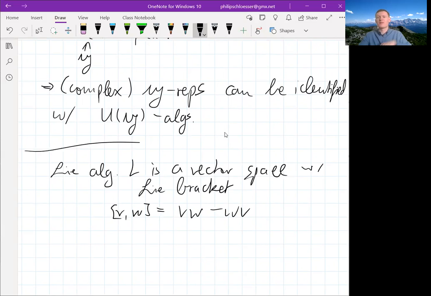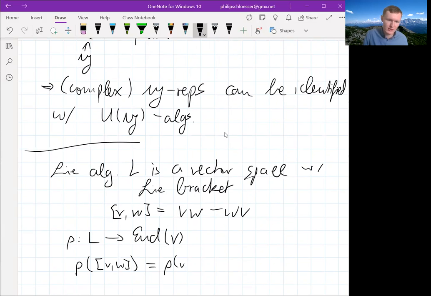And by some group action, we get a representation of the Lie algebra on our fields. The Lie algebra representation is a map from that Lie algebra to the linear maps on some vector space, where we map the Lie bracket of two elements to the commutator.